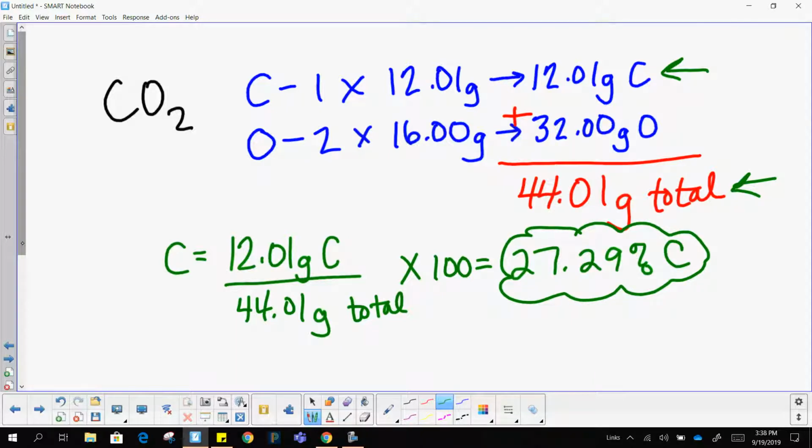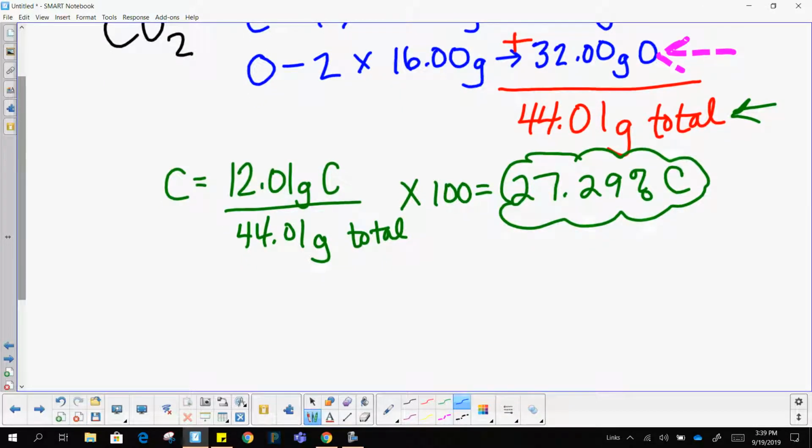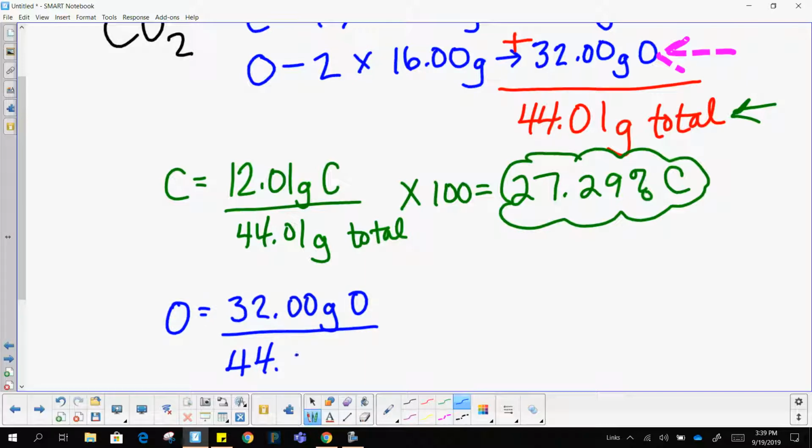Now if we repeat this process for the oxygen, there are 32 total grams of oxygen in that 44 gram sample of the compound. So we're going to take the 32 grams of oxygen, divide it by the compound mass, multiply that answer by 100, and we're going to get our percent.